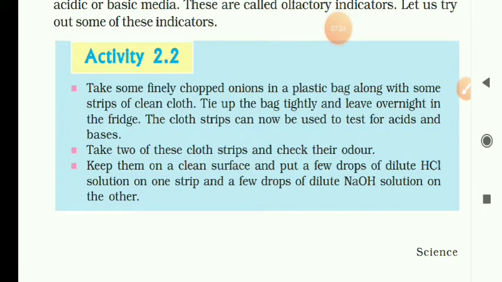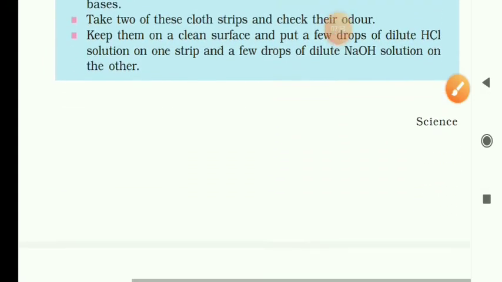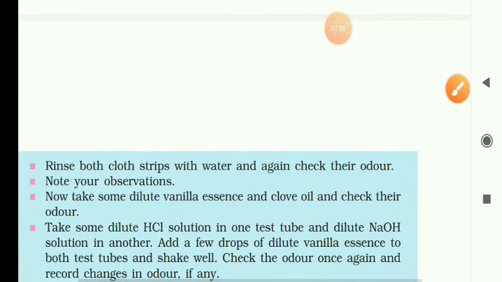Now keep them on a clean surface and put a few drops of dilute hydrochloric acid solution on one strip and a few drops of dilute sodium hydroxide solution on the other. Now rinse. What will you observe? You will observe that in the acidic medium the smell remains, but in the basic medium the smell is destroyed. The smell will be removed.